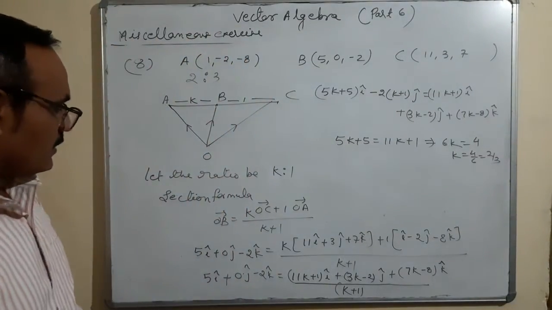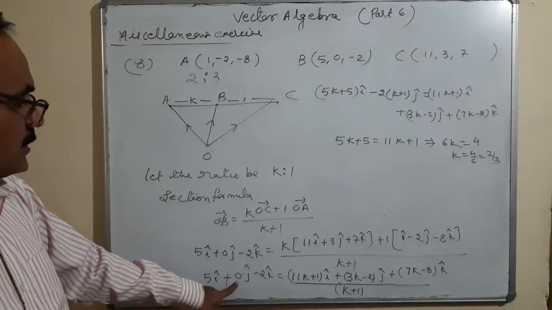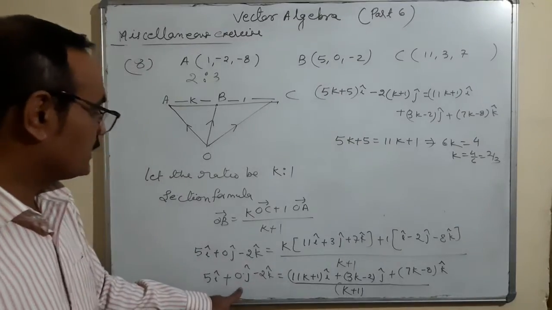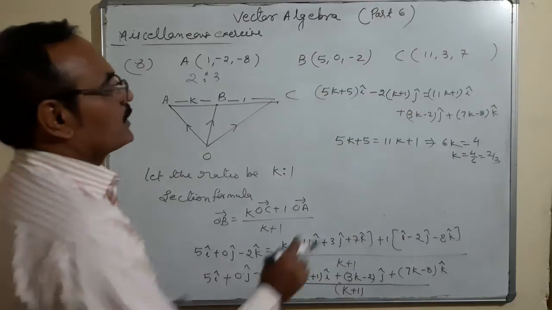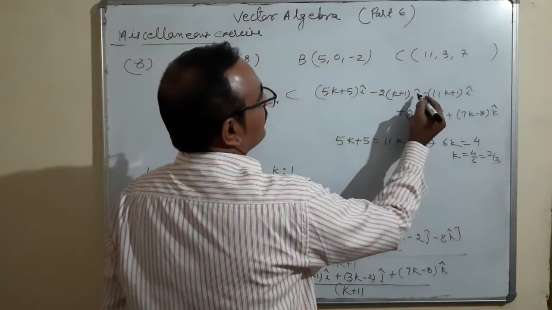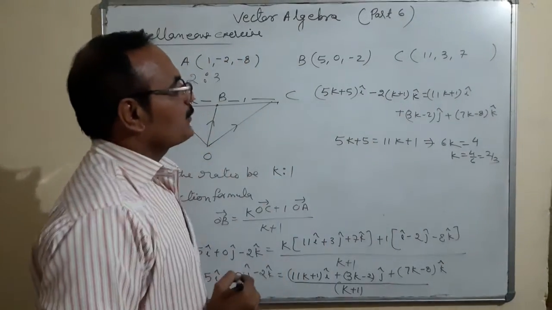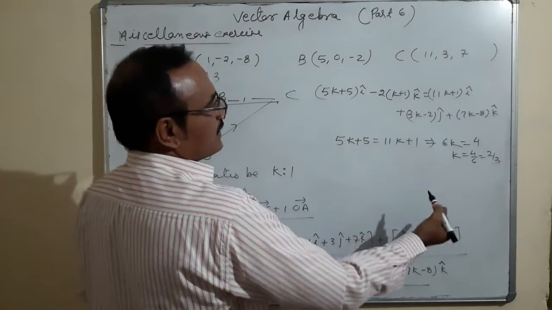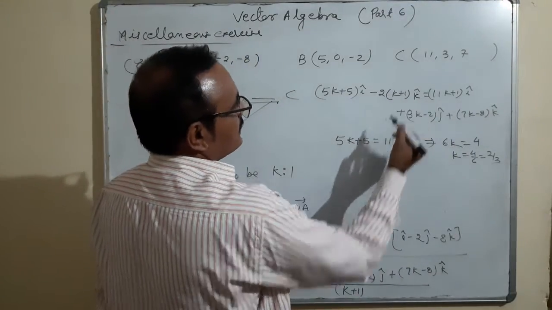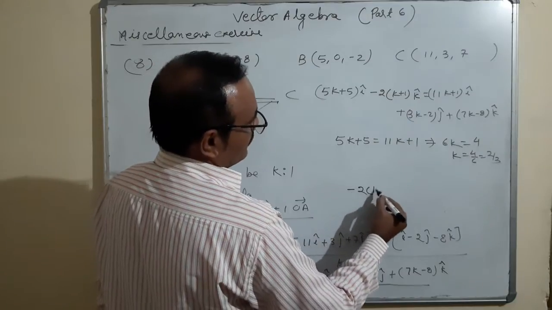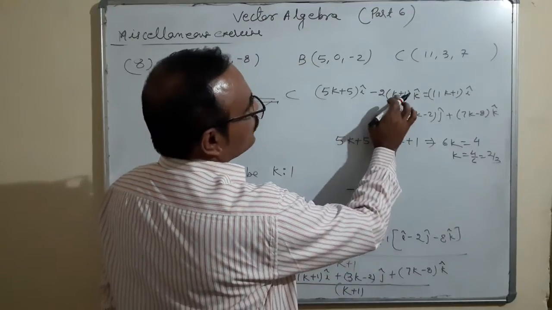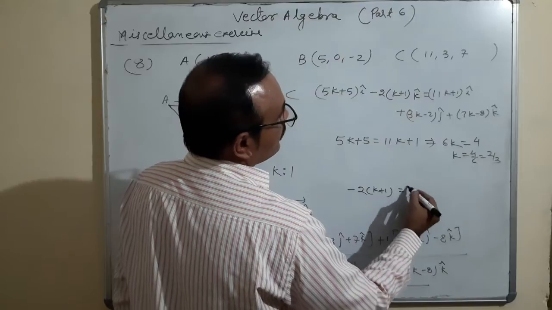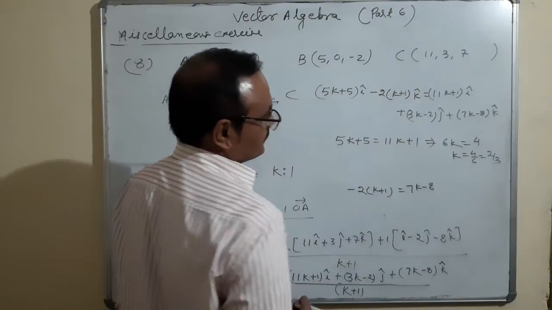By the way, the j term cancels out, so we compare with the k term. It is not required, but let us see. Minus 2 times k plus 1 is equal to 7k minus 8.